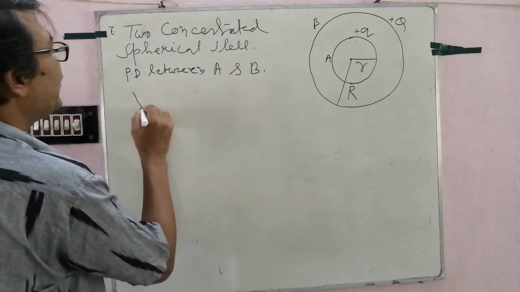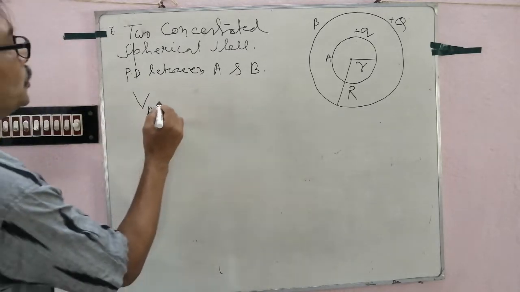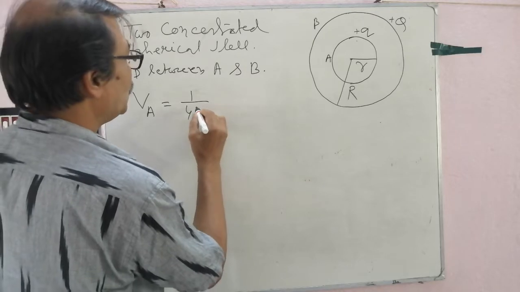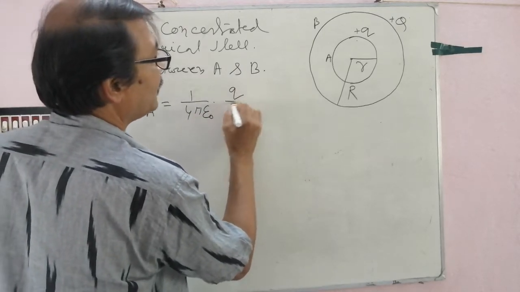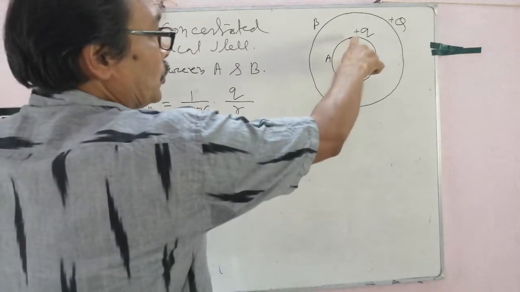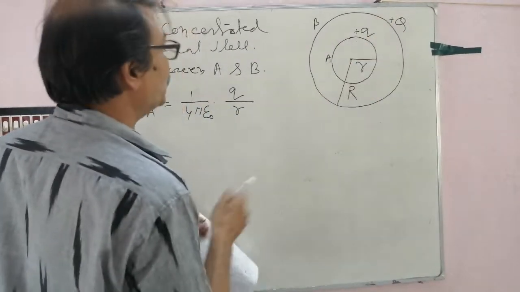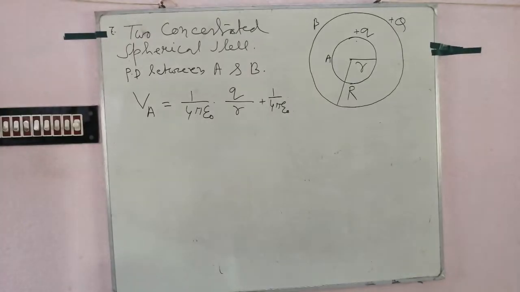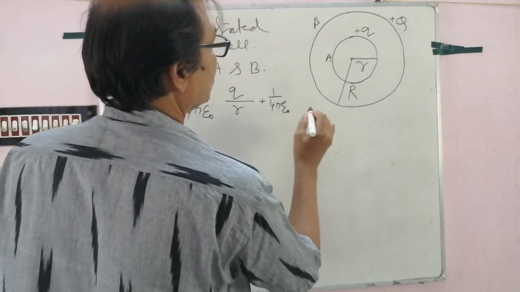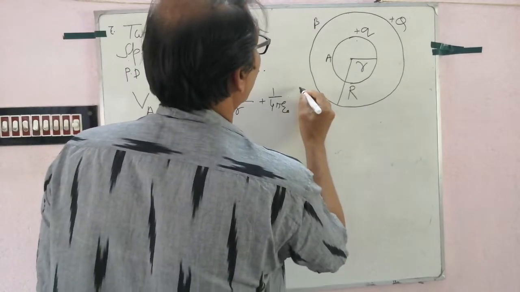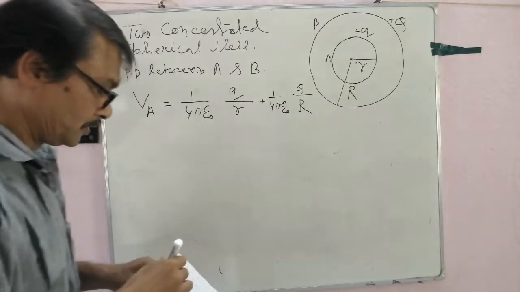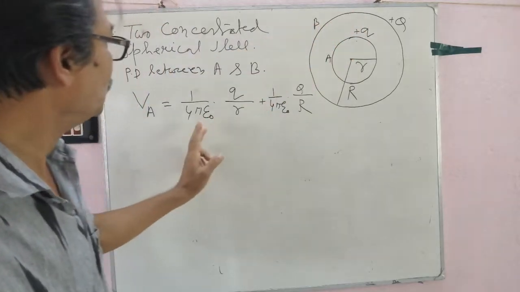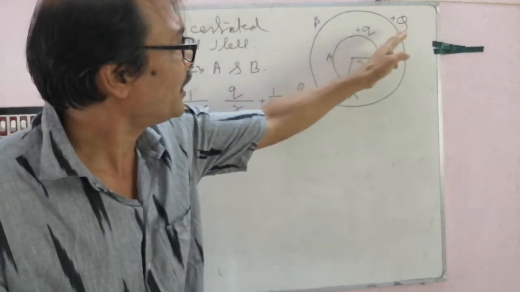So the potential of A, VA, due to its own charge is 1 by 4 pi epsilon naught q by r, plus the potential due to the outer shell, 1 by 4 pi epsilon naught Q by R.